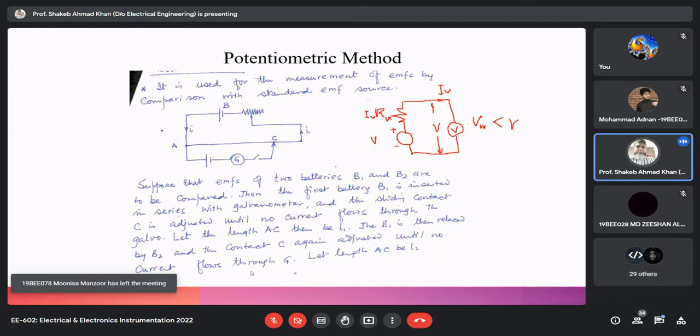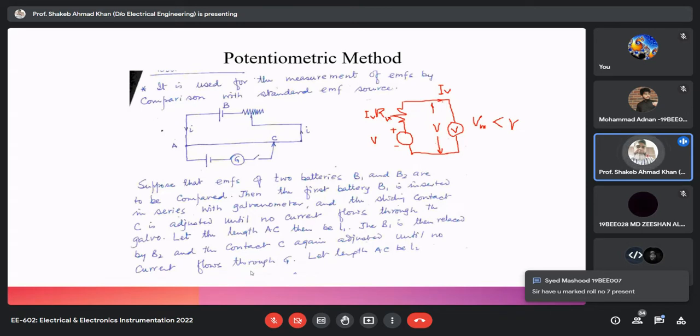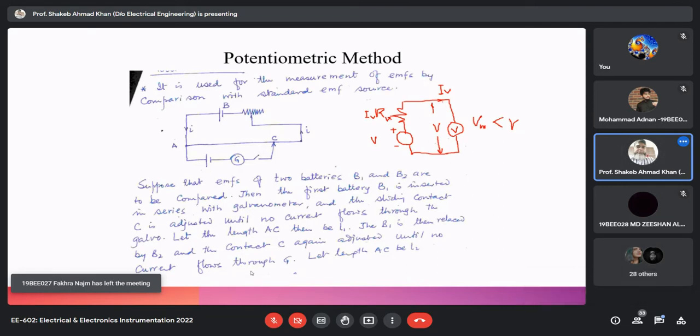First of all, I'm asking what is this method, what is the application of this method, and why do we use it for measurement of small resistance? These questions I want, because you are already aware of the potentiometric method, and you must have performed the experiment also in class 12th, as well as in your first year engineering physics lab.